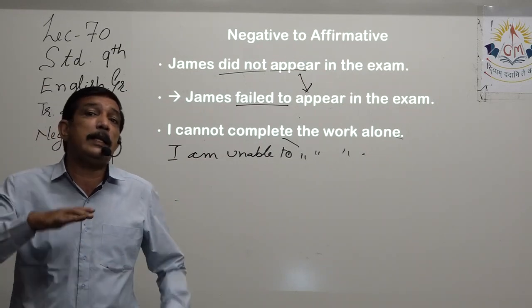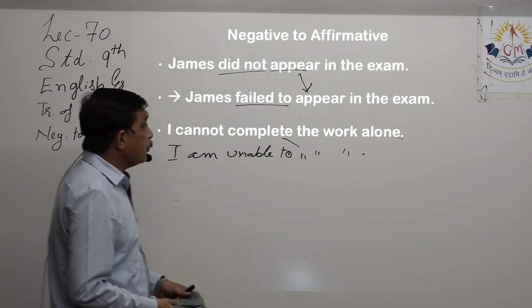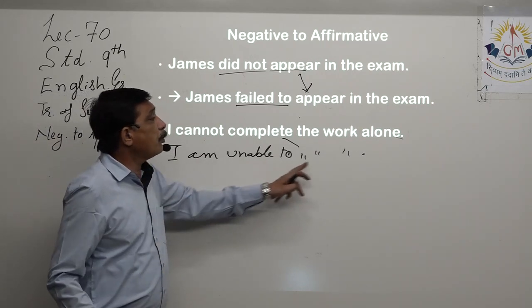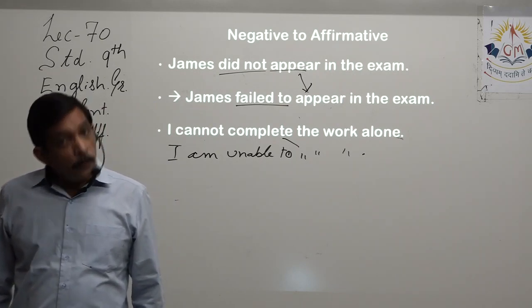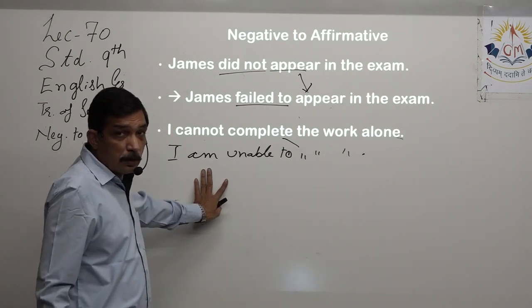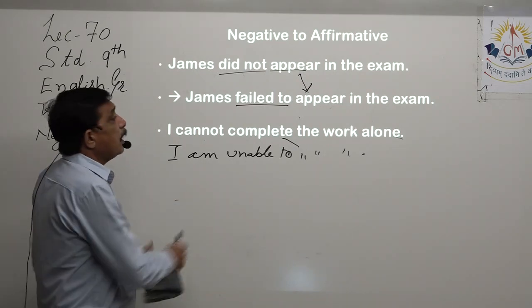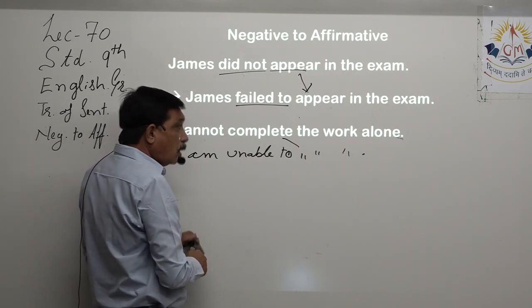That means I need someone else's help to complete the work, because if I say I am unable to complete the work alone, we can do it. I don't say you cannot do it. I cannot complete the work alone. I am unable to complete the work alone.